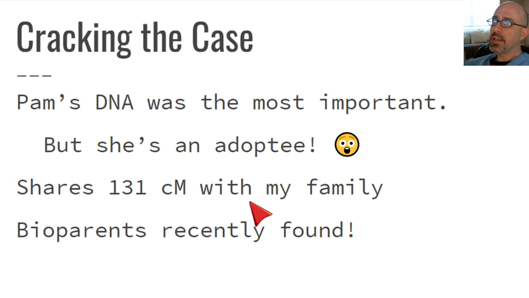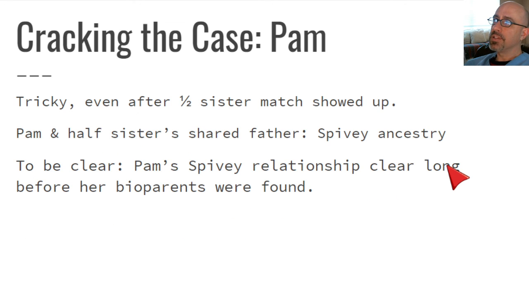Getting into some details with Pam, it turns out that her DNA connections to my family were the most important, despite the fact that she's an adoptee and didn't have much information to share with us. She did, however, share 131 centimorgans with my family, making it easy to see that there were a lot of Spivey clues lying around. Her biological parents were eventually found, and that did confirm the Spivey connections that were suspected.